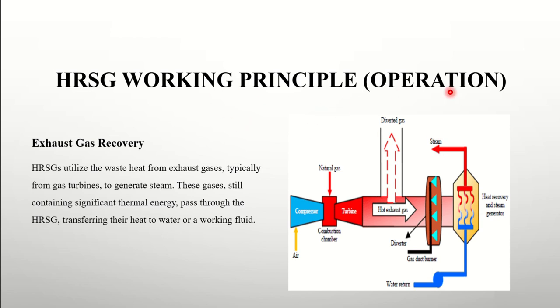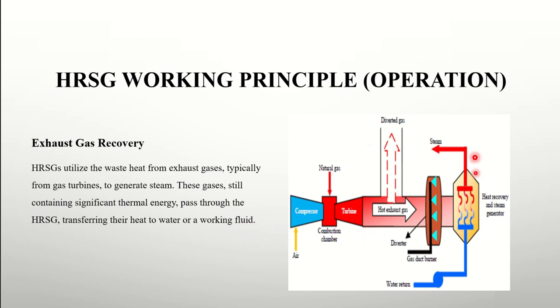HRSG working principle, or the operation of HRSG. HRSGs utilize the waste heat from exhaust gases. So we are talking about exhaust gas recovery, typically from gas turbines, to generate steam. These gases, still containing significant thermal energy, pass through the HRSG, transferring their heat to water or working fluid.